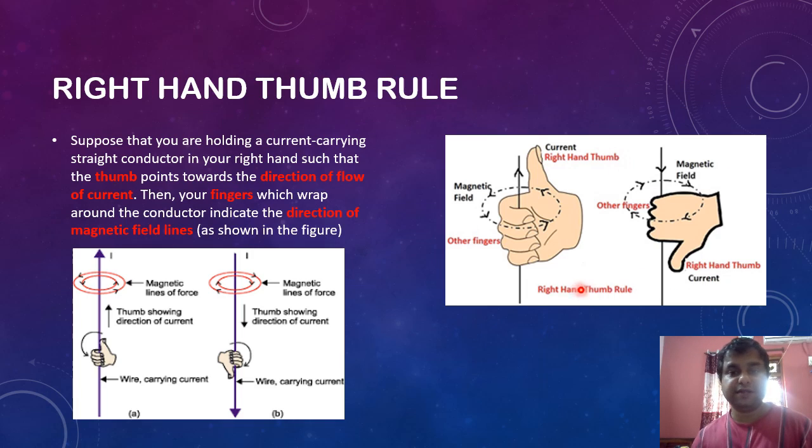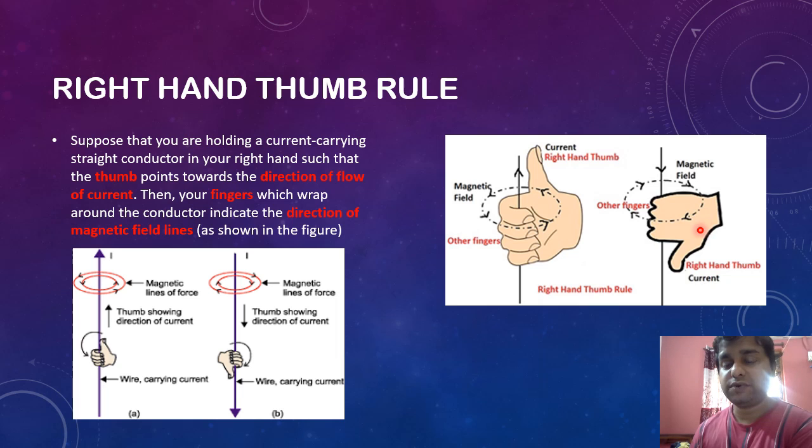That's the right hand thumb rule which I was trying to show you. Your thumb represents the direction in which the current is flowing, that is, the arrow pointing upwards, and your clenched fist with your fingers curved inside shows you in which direction the magnetic field is flowing. And that's the right hand thumb rule.